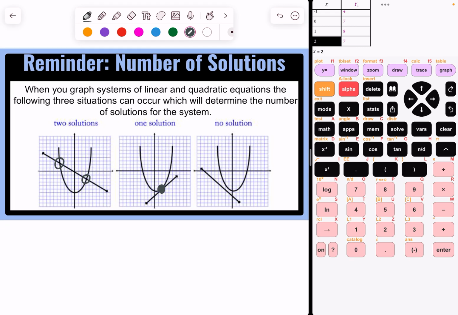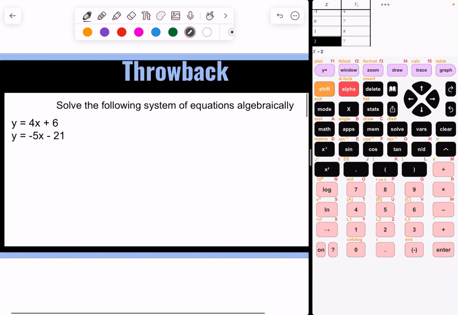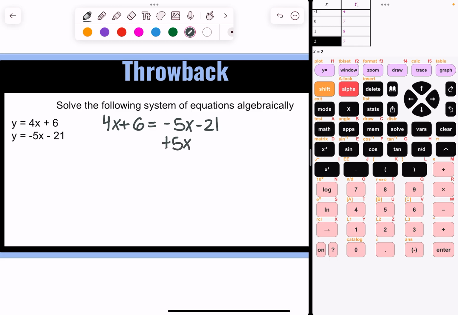All right, so let's throw back how to solve this system of equations algebraically. Because both of these are equal to y, we could just set these equal to each other. 4x plus 6 equals -5x minus 21. To get rid of the 5x, we're going to add 5x to both sides.